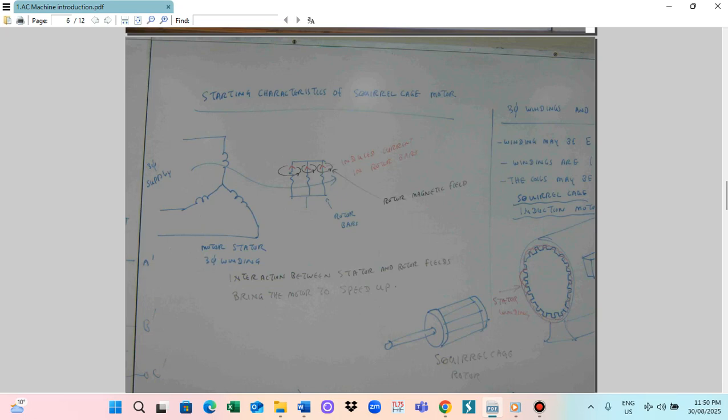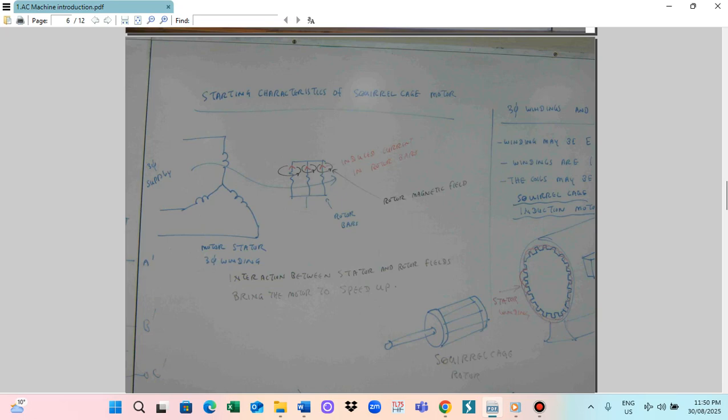When the stator magnetic flux passes through the rotor bars, a current is induced in the rotor. So this is the induced current in the rotor bar.